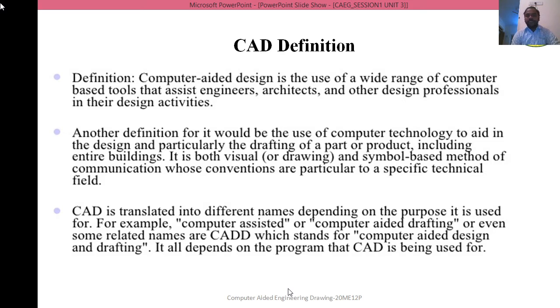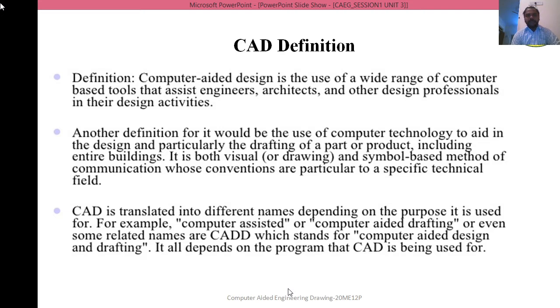Another definition: making use of a computer to create and draft a part or product. Drafting means the component can be visualized in various views, that means front view, top view, side view, and that can also be represented in CAD software.